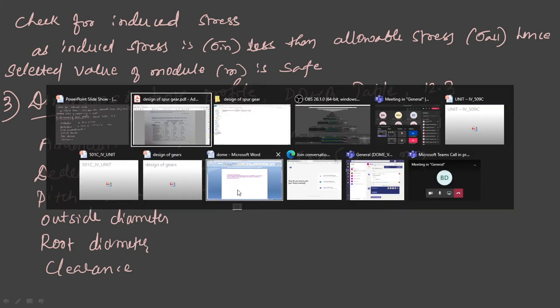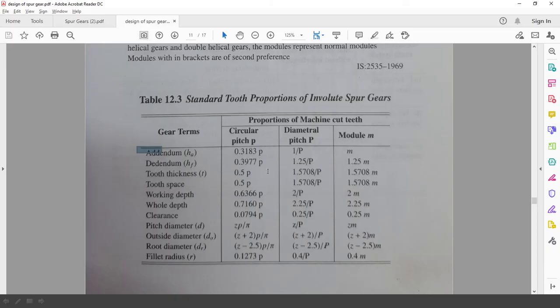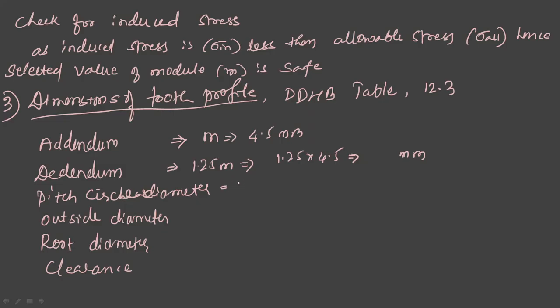So pitch circle diameter, it is z into m. Now you calculate the pitch circle diameter, z into m. Now you need to find out the number of teeth here. The number of teeth z equal to what? d by m.